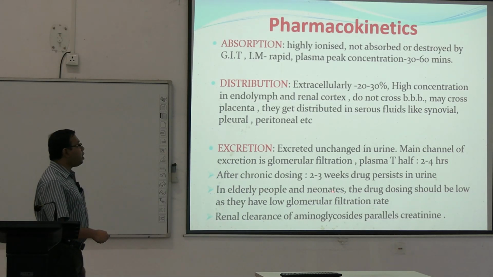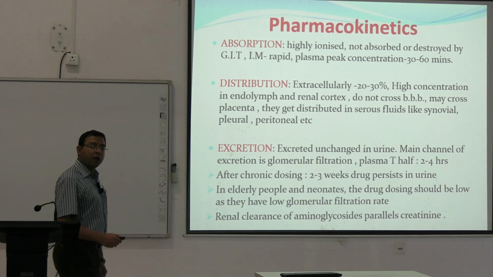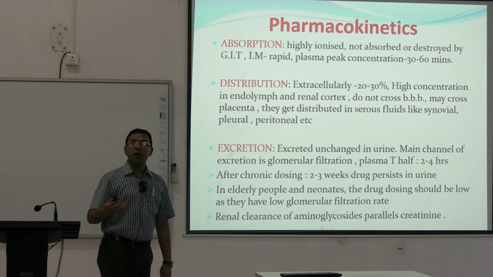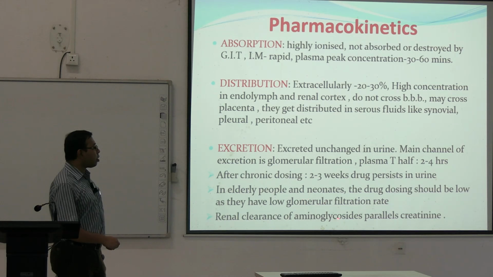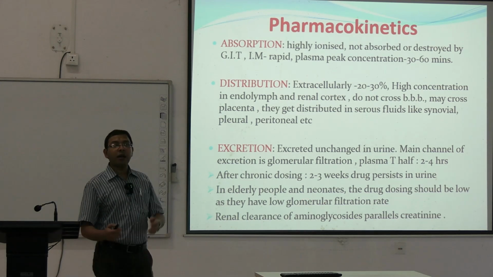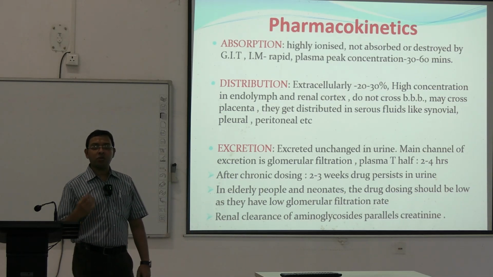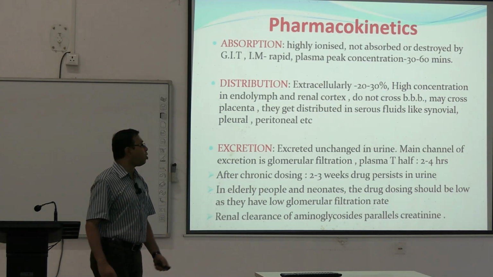In elderly people and neonates, the drug dosing should be low as they have low glomerular filtration rate, because there are always chances of nephrotoxicity. Renal clearance of the aminoglycoside parallels the creatinine level. So we have to measure the creatinine level frequently when we are using the aminoglycosides to see if there is any renal compromise or not.